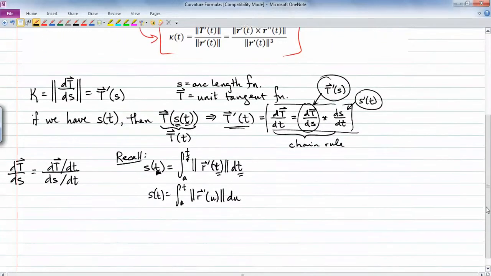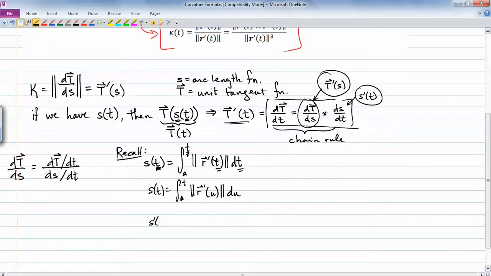So that means that s prime of t is going to be d/dt of the integral from a to t of the magnitude of r prime of u du, which actually equals just the inside, the magnitude of r prime of t. Why is this true?